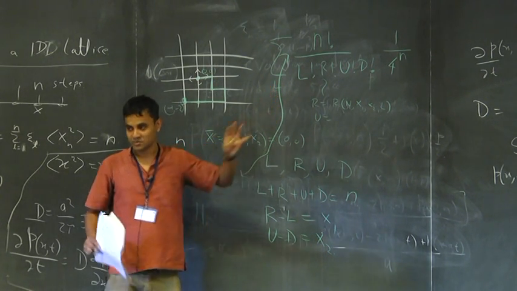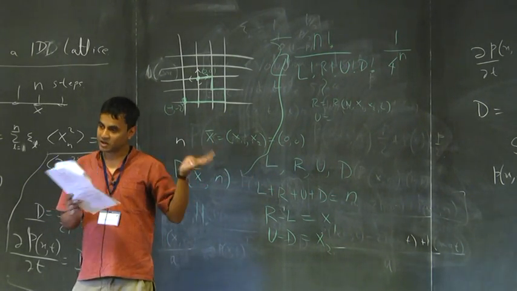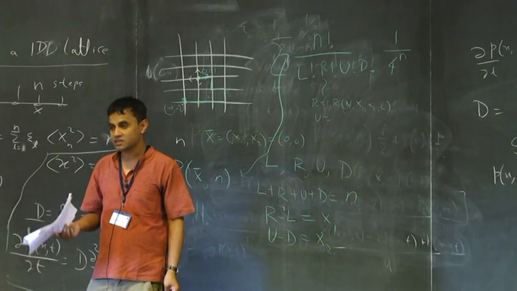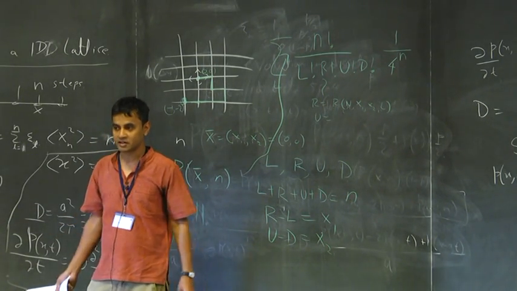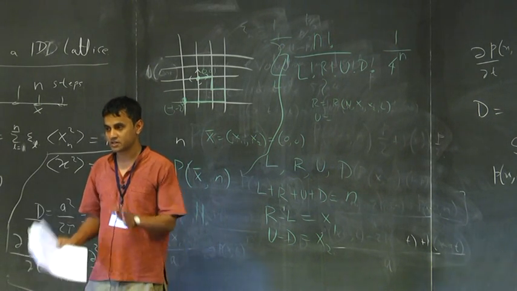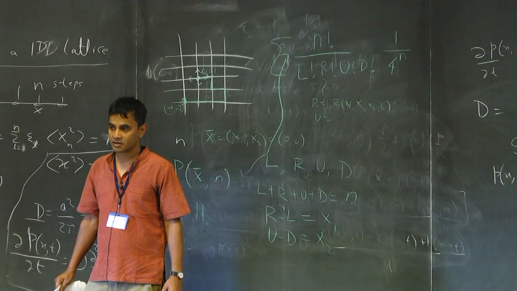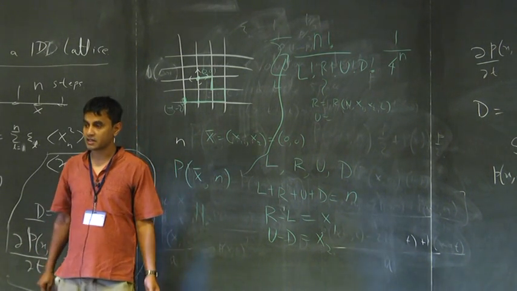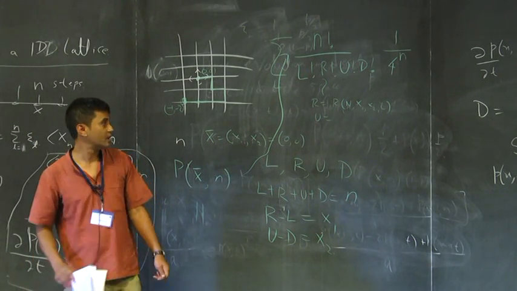You have to do that sum. It's a complicated sum with all these constraints. In higher dimensions, it might be possible by some clever trick, but generally you don't find a closed simple expression like the 1D case. There are more variables. In general you can't do it.